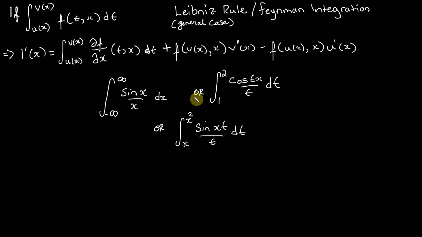I recommend that you try to evaluate these using the more basic methods. Think of again by parts or by substitution or whatever. Try by reduction even, and you're going to find it incredibly difficult to do that. So in this video we're going to talk about the Leibniz Rule method.